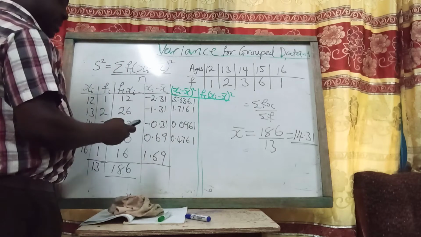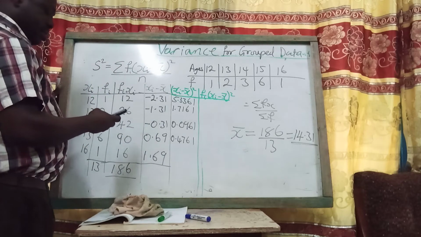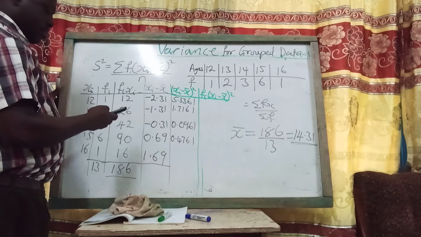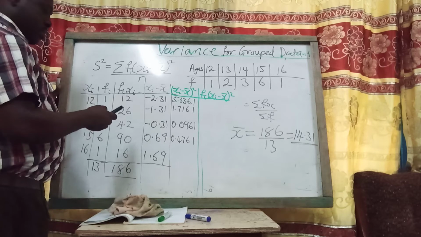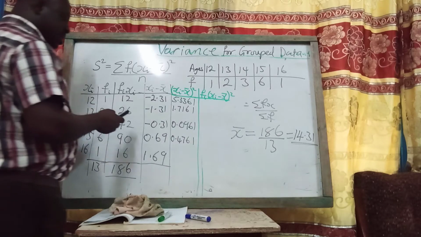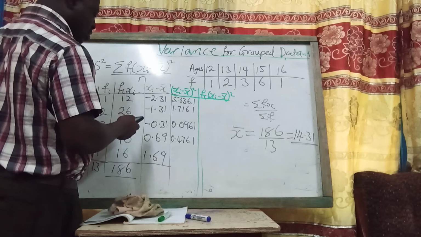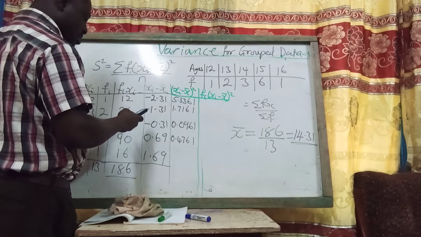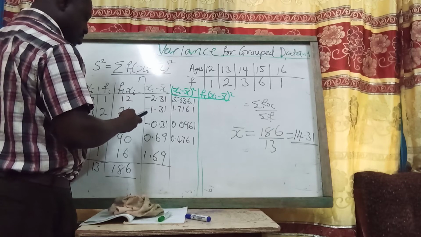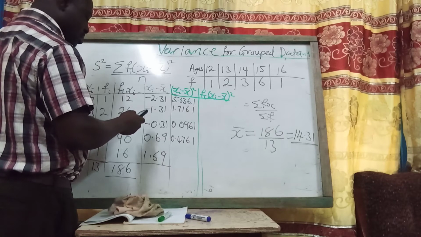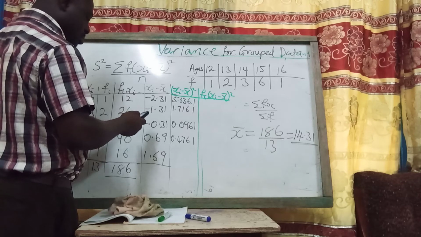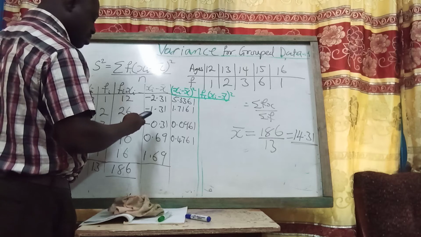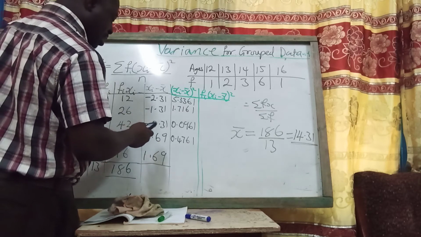And then 1.69 squared is going to give us 2.8561.